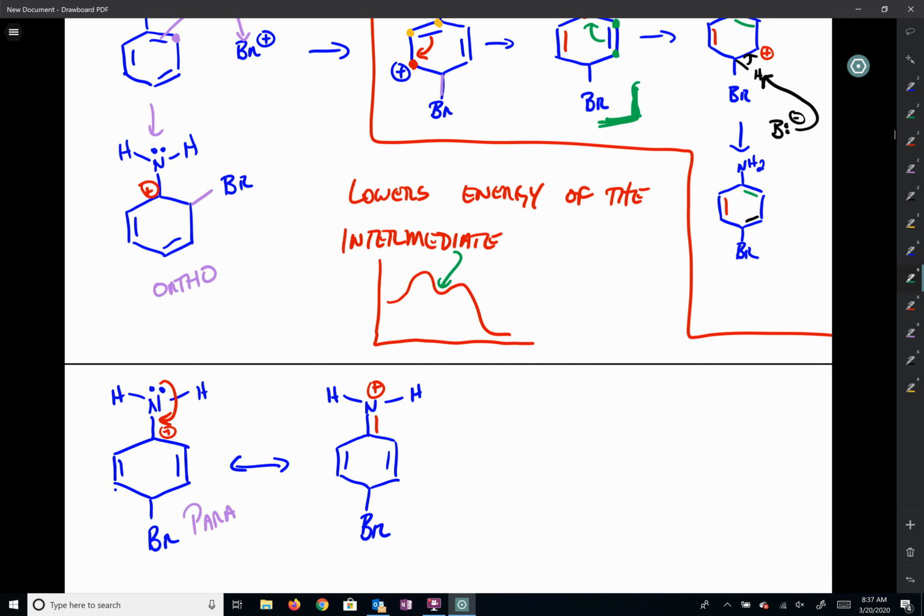If we lower the energy of the intermediates, then we make our reactions go faster. Okay? It's easier to do if you want to think about it. There's a smaller hill to climb over. Okay, whichever one of those ideas you want to work with. So ortho-para directors come from the fact that the atoms bound to the aromatic ring have lone pairs. Okay?